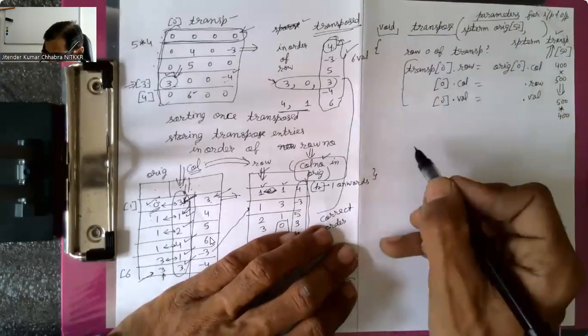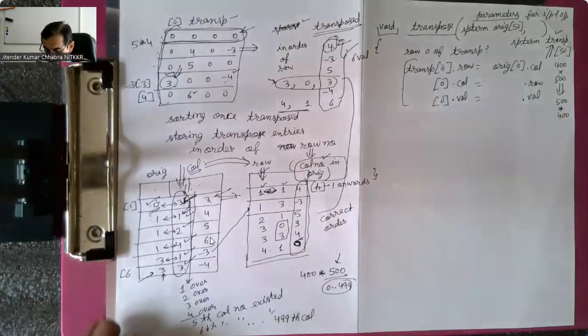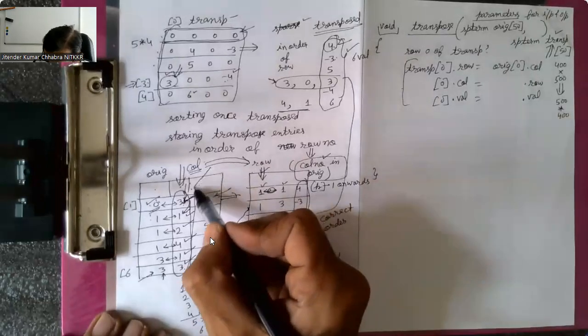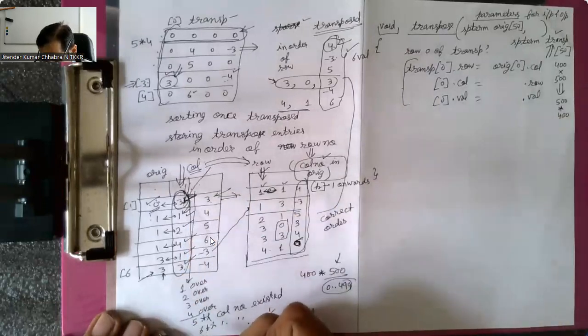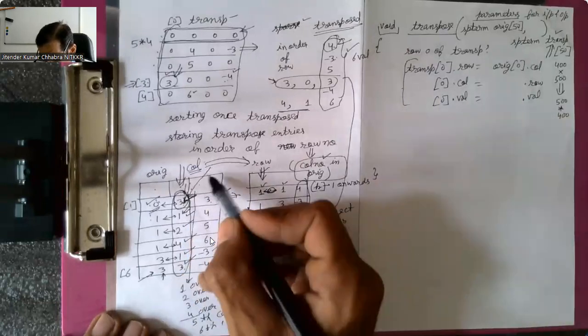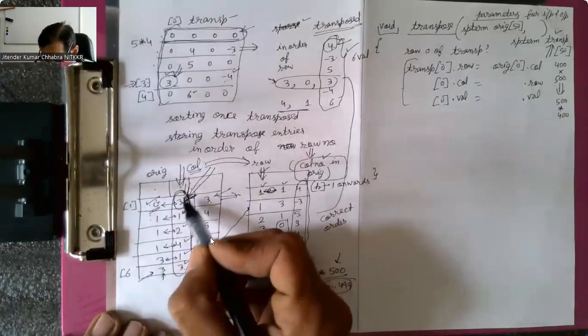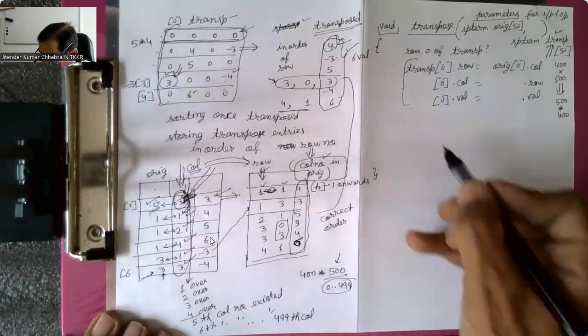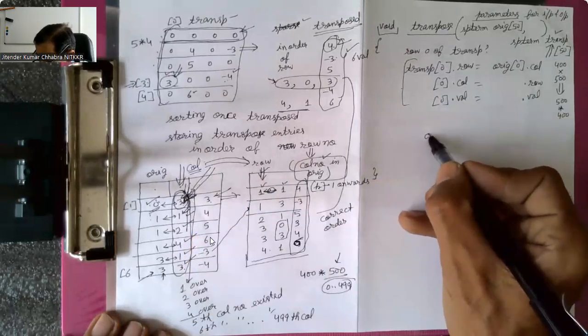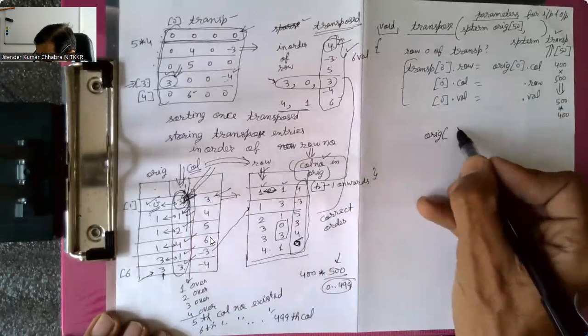Now what next? What logic did I say? We discussed that we are going to compare this value initially with value 0, next with value 1. We said we will start comparing from this value onwards. This is the original matrix at some index.